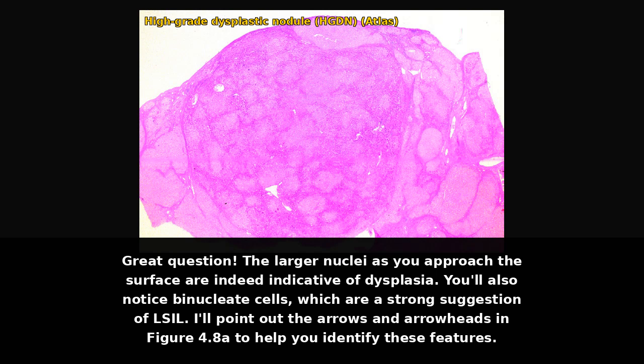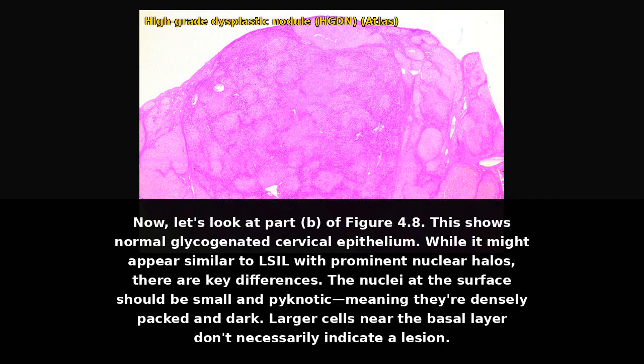Now let's look at part B of figure 4.8. This shows normal glycogenated cervical epithelium. While it might appear similar to LSIL with prominent nuclear halos, there are key differences. The nuclei at the surface should be small and pyknotic.